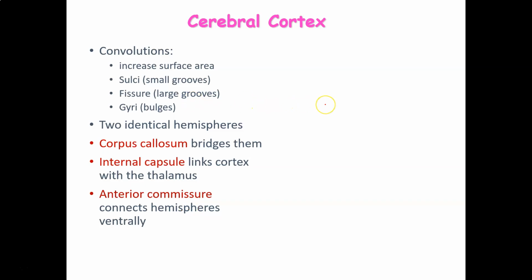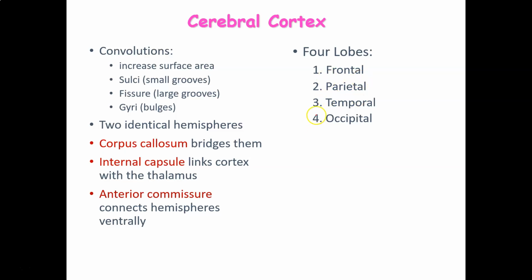When we take a look at the cortex, we can divide it into 4 lobes, and these lobes were given their names based on the bones of the skull under which they reside. We have frontal, parietal, temporal, and occipital.